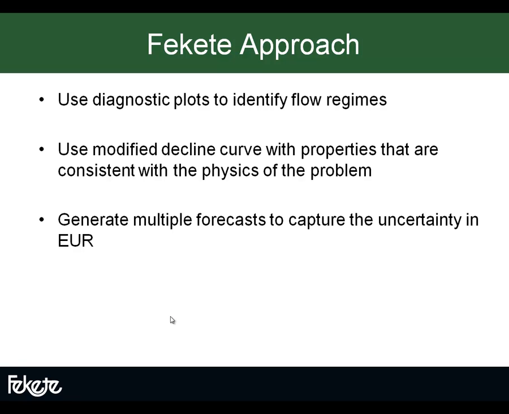And then we're going to use the modified decline curves, but specifically using b-values and decline rates that are consistent with the physics of the problem. So we can relate it back to the science of the fluid flow rather than picking arbitrary or assumed values. And then finally generate multiple forecasts instead of just a single forecast to capture the uncertainty in the EUR.